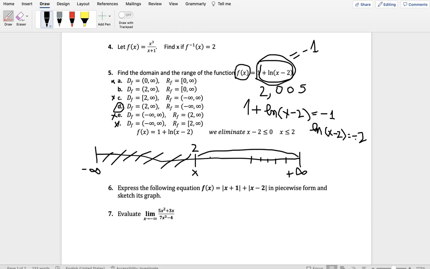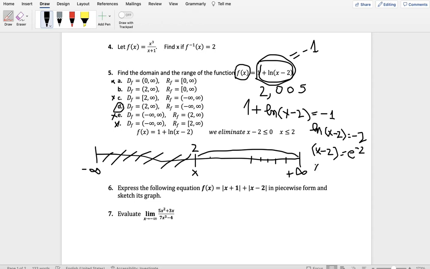And when you have this, you introduce the exponent e. From your identities of logarithmic functions, x minus 2 now has to be equal to e to the minus 2.